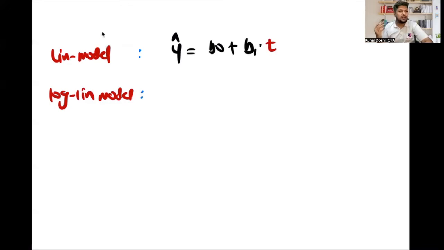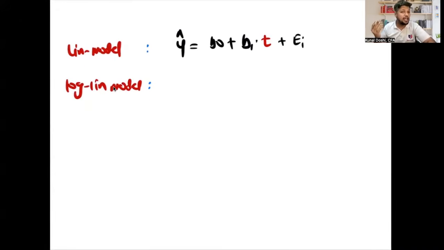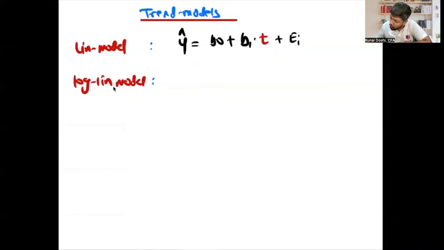I'm not putting here the value of error because when we actually apply it, the error is missing. However, when they ask us for the error, error is nothing but the difference between the actual and the predicted. Correct? This is my lin model, or linear trend model. This is under the trend models. There are two types of trend models, linear and log-linear.